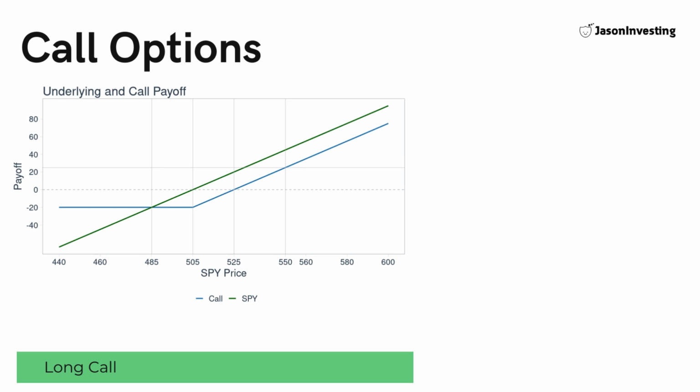That's how we can calculate the P&L. But if, let's say, it falls to 450, right? You have the right to buy at 505, but remember, it's a right, not an obligation. So you can choose to not do anything. So what you will lose is just the premium, which is $20.